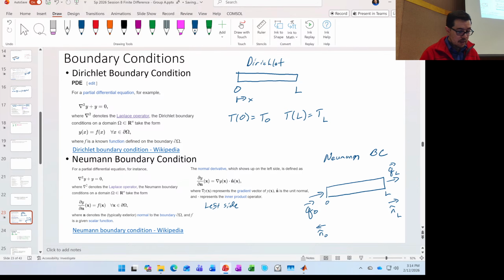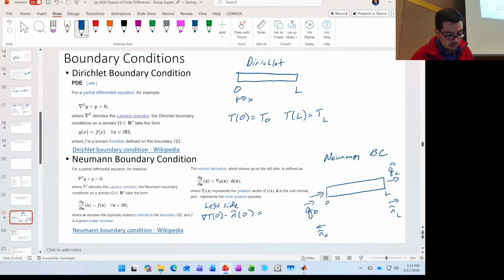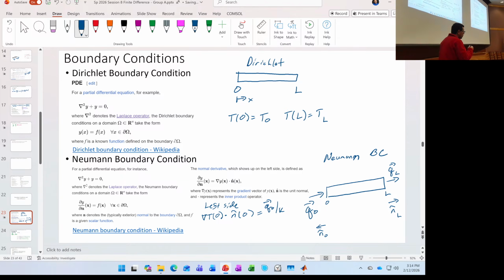And so for the Neumann boundary condition on the left side, we can say that the gradient in the temperature dotted with the normal vector is going to be given as some Q naught over K. So this is essentially Fourier's law, right?